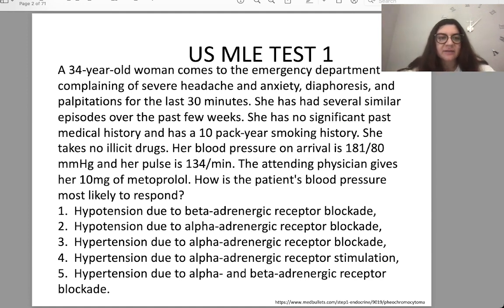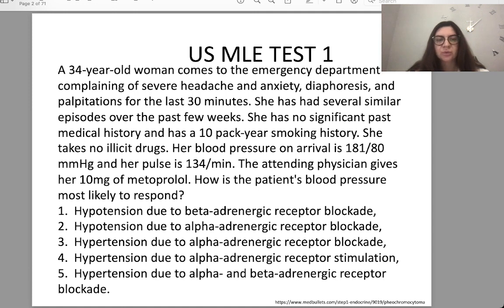Okay, first test. A 34-year-old woman comes to the emergency department complaining of severe headache, anxiety, diaphoresis and palpitations for the last 30 minutes. She has had several similar episodes over the past few weeks. She has no significant past medical history and has a 10-pack-year smoking history.